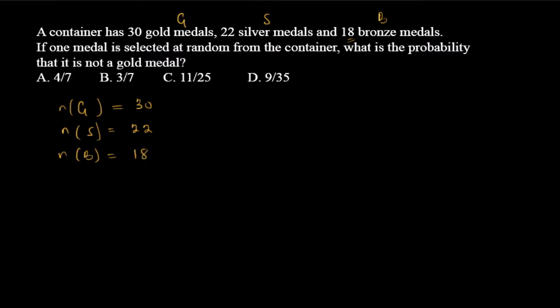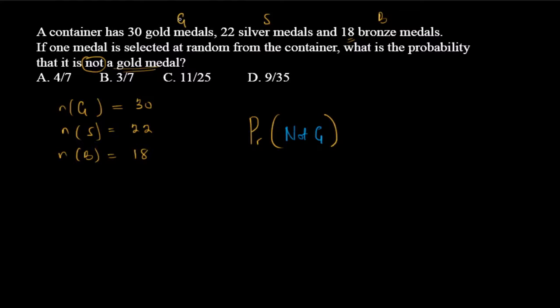So it says if one medal is selected at random from the container, what is the probability that it is not a gold medal? Whenever you want to find the probability of an event not happening, the probability of not G, so this is the probability of not a gold medal.